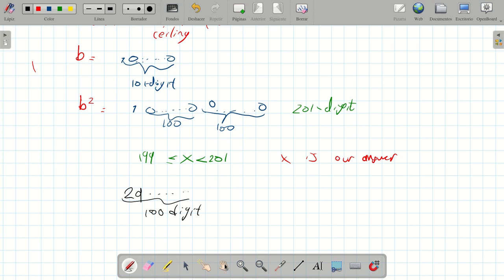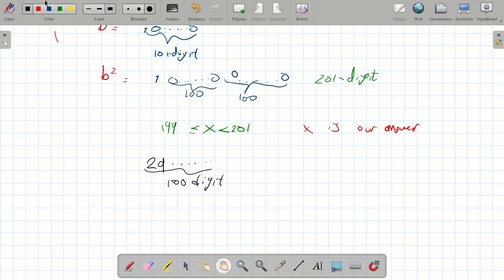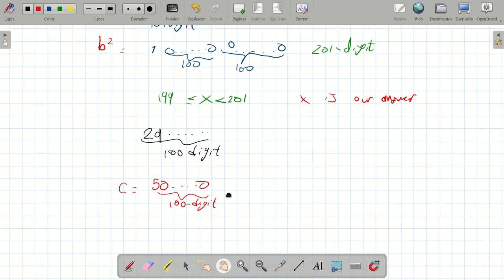And for that, I'm going to use the same idea, but I'm going to take this bigger number, which also has 100 digits, and I'm going to square it.